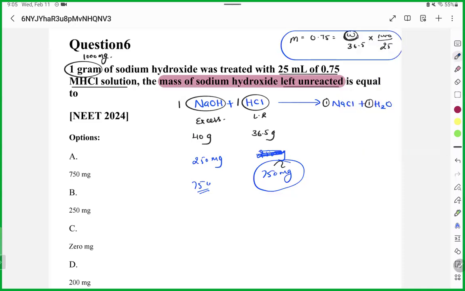If you get the calculation 750 mg of HCl, it should be around 750, because 36.5 gram HCl utilizes 40 gram of NaOH. If you take 750, you will get slightly more. Based on that, there will be only one option available. Check it. You need to do calculation in this chapter.